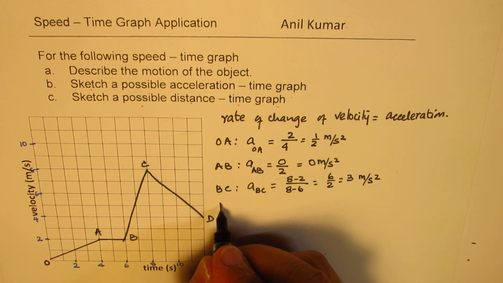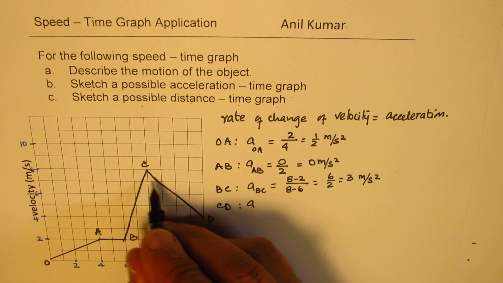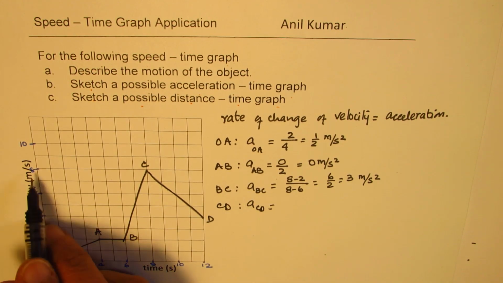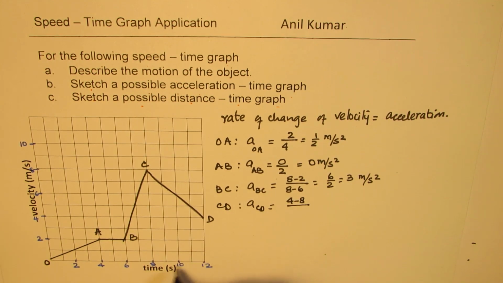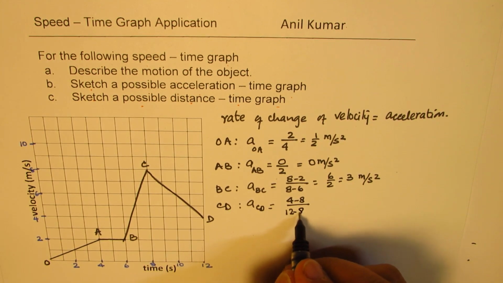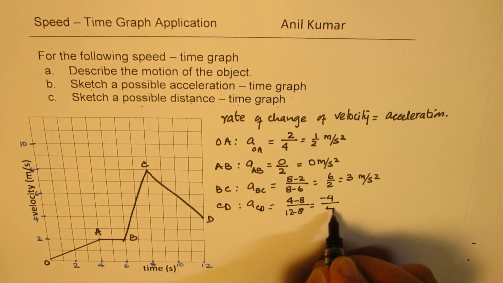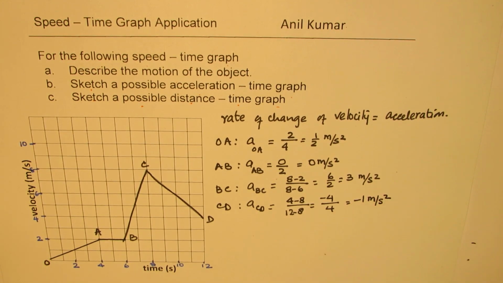And then from C to D, the acceleration is negative, since the velocity is decreasing. At D, it is 4 minus 8 over 12 minus 8. So 4 minus 8 is minus 4, 12 minus 8 is plus 4. So we have minus 1 meters per second square.